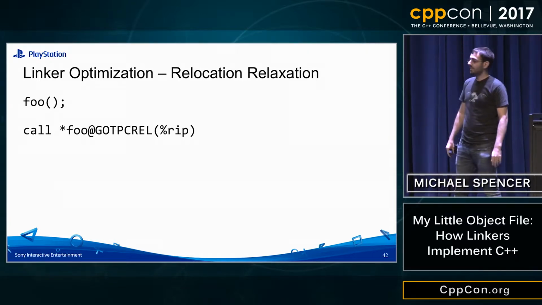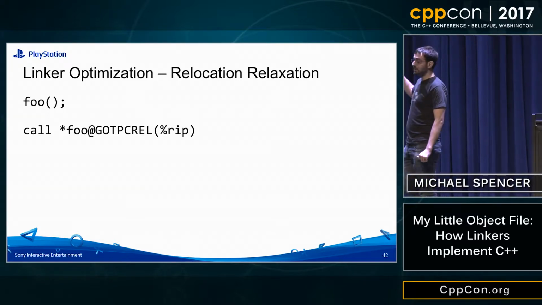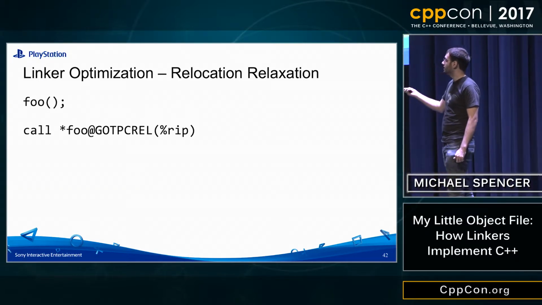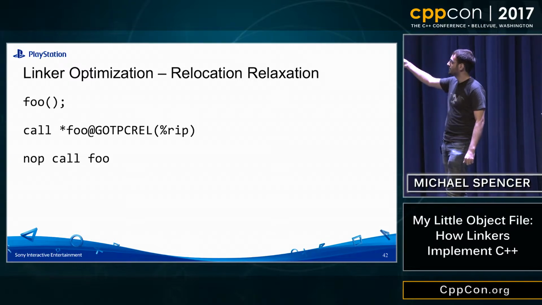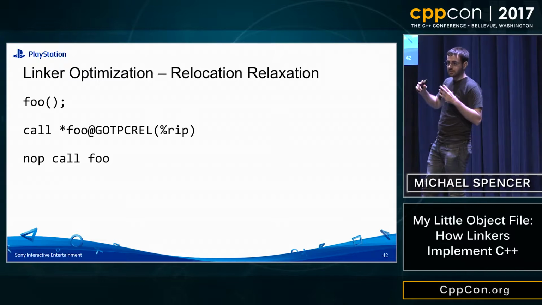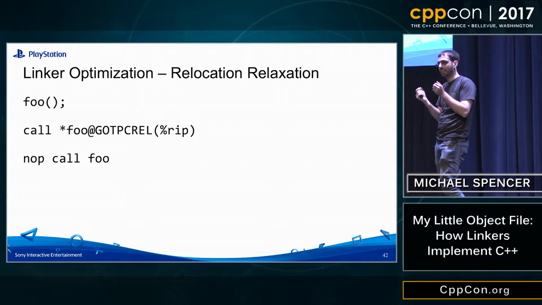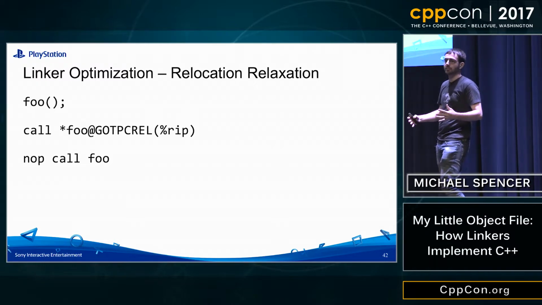Now, if the linker knows the full address of this function, it can just convert it to nop call foo. And you have to insert this nop, because remember, sections are atomic. You can't just cut one in half, take out a byte, and glue it back together, because you might disturb all the other offsets.